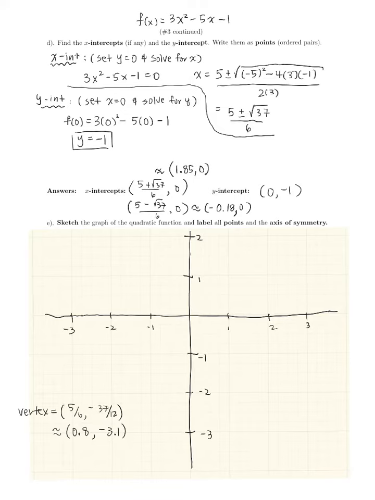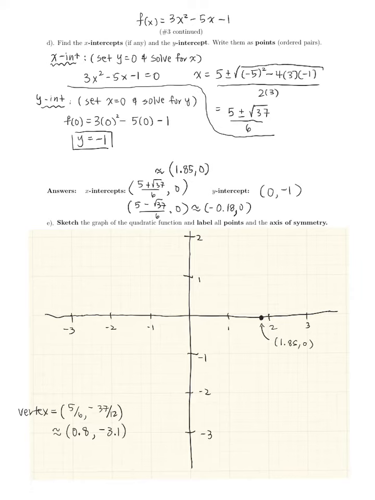All right, so let's first jot down the x-intercept. The first one is 1.85 comma 0. I'm just going to guess 1.85 will be maybe right here, so I'll jot this down as approximately 1.85 comma 0.